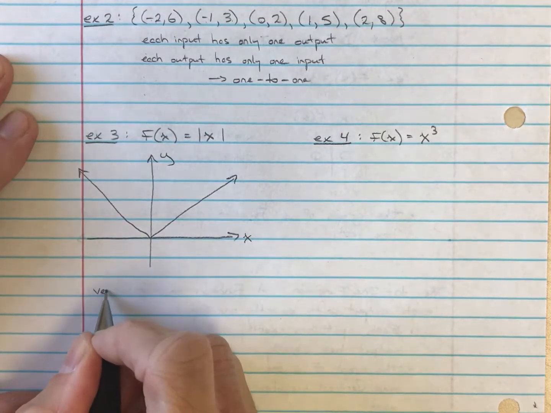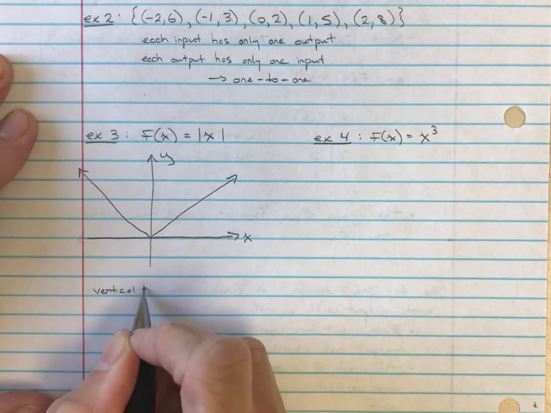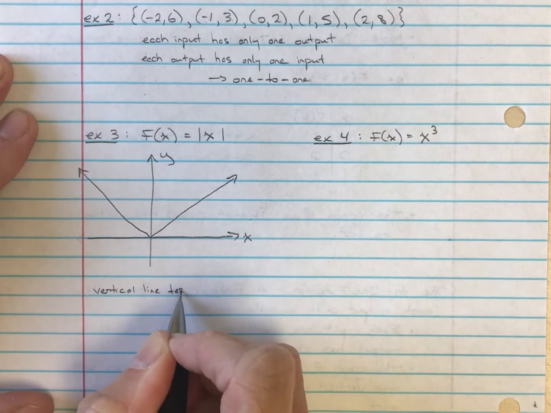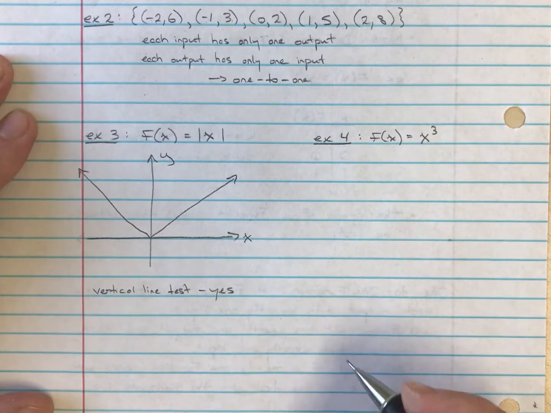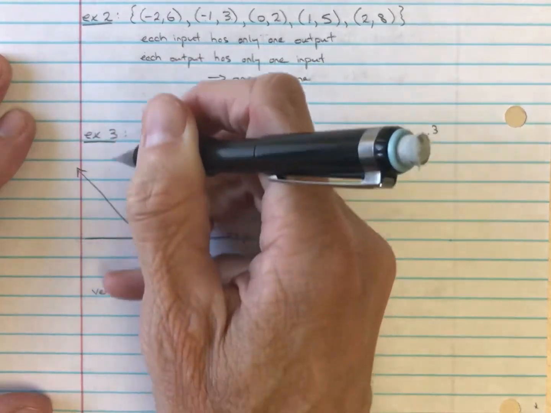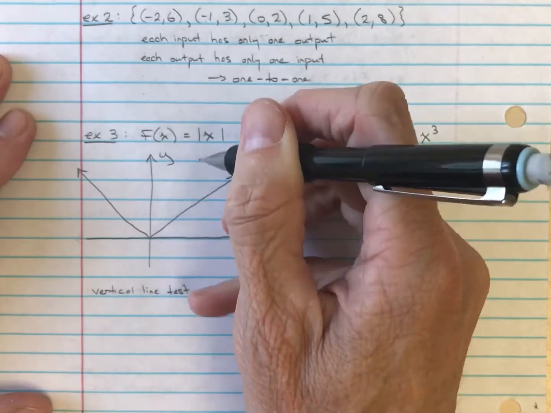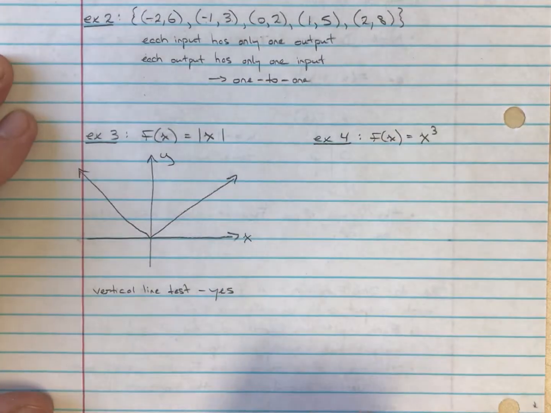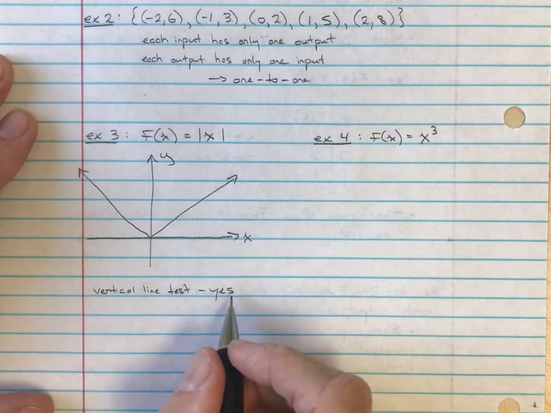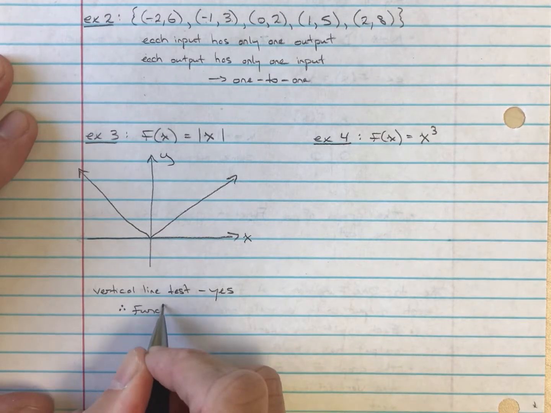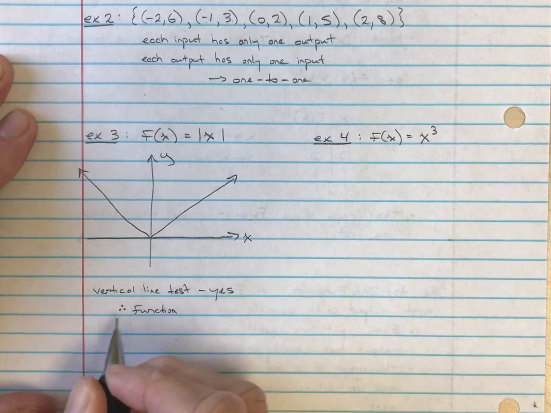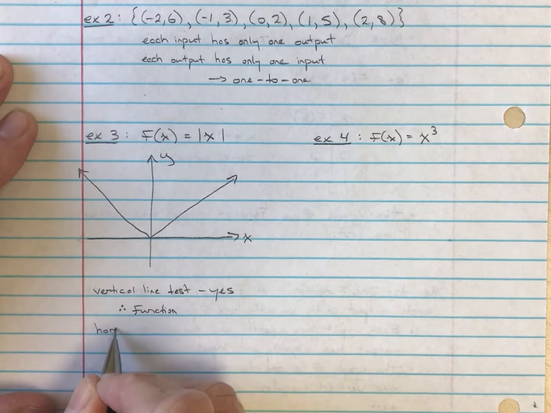Vertical line test. Does it pass the vertical line test? Yes, it does. Any vertical line drawn goes through the graph in only one place. So it's a function. Horizontal line test.